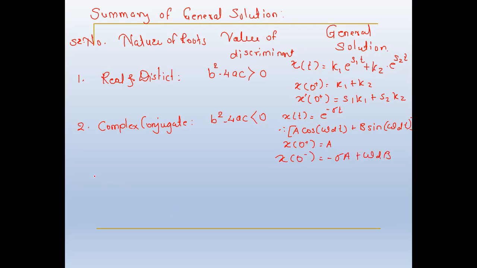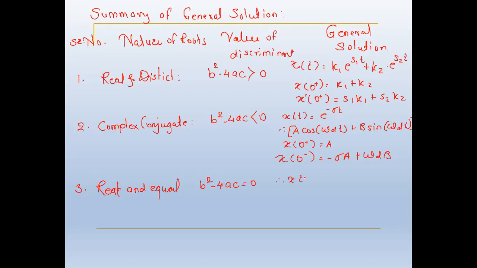Third, when the roots are real and equal, the value of the discriminant b squared minus 4ac is equal to 0.